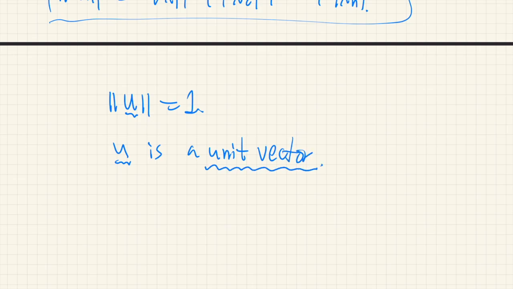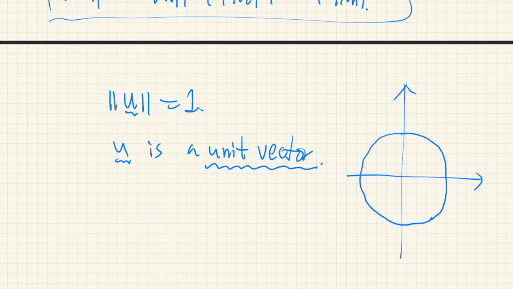For example, in the case of two dimensions, if we draw the unit circle centered at the origin, so the radius is 1, then all the vectors that point to somewhere on this circle are unit vectors.